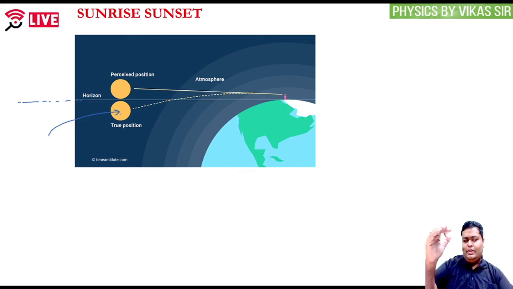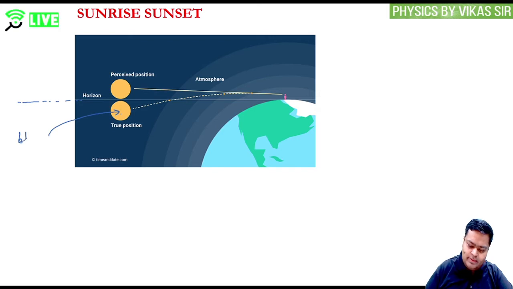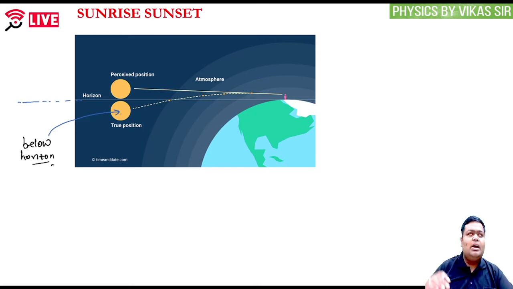That is the infinity as far as our eyes can see, which is supposed to be the horizon. So the sun over here is actually below the horizon, so we should not be able to see it, because we can see only as far as the horizon and above it. So the true position of the sun is below the horizon.